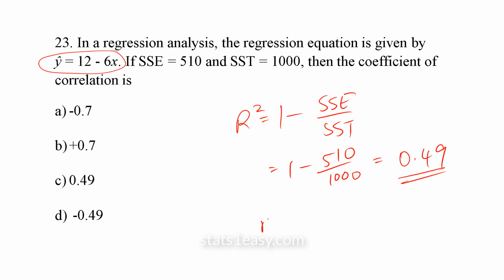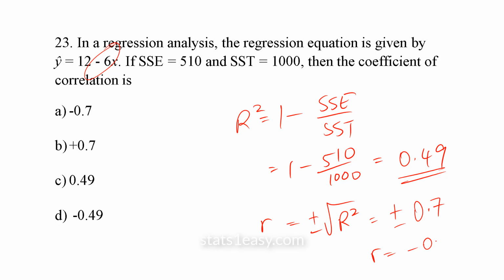We know that R is the square root of R squared, but that could be positive or negative. So in this case, we're looking at plus or minus 0.7. Now, we know that as the slope goes, so goes R, and we can see that the slope in this equation is negative 6. So R will also be negative. And the answer here will be negative 0.7 and not positive because the slope is negative. So the answer here is A.